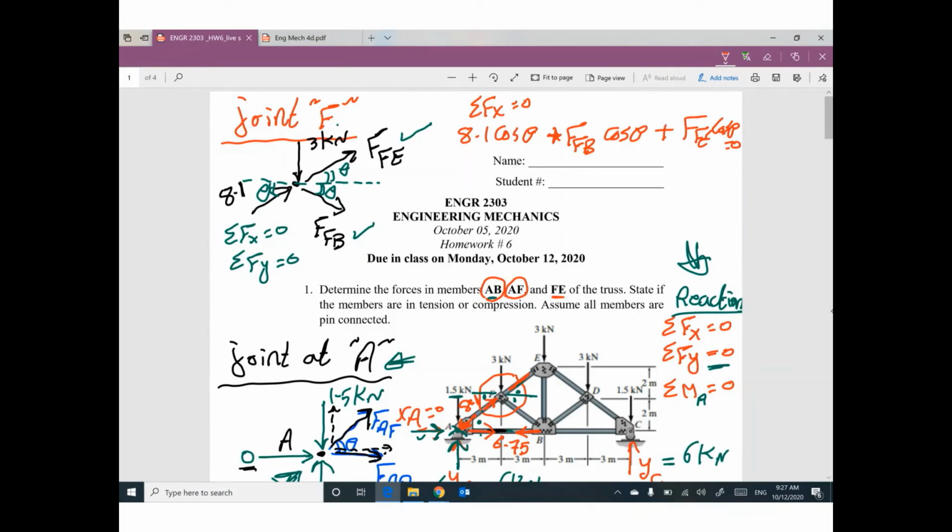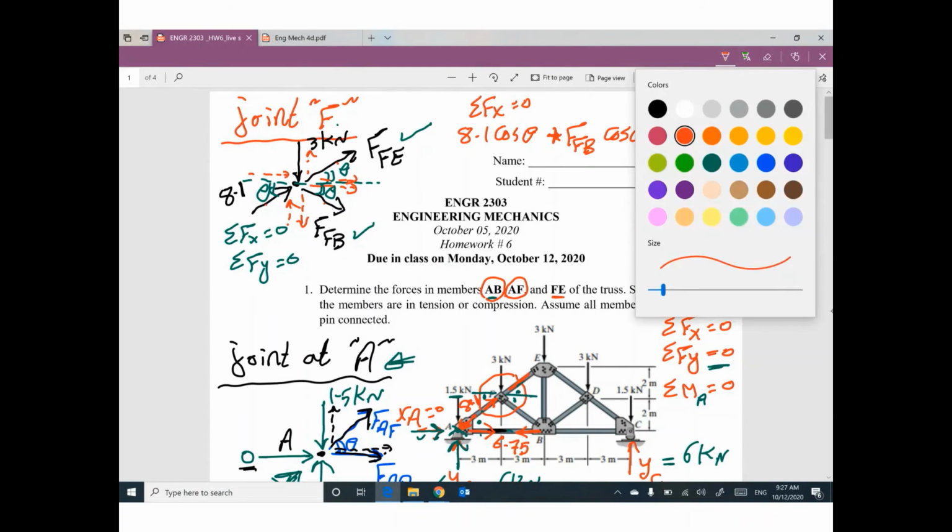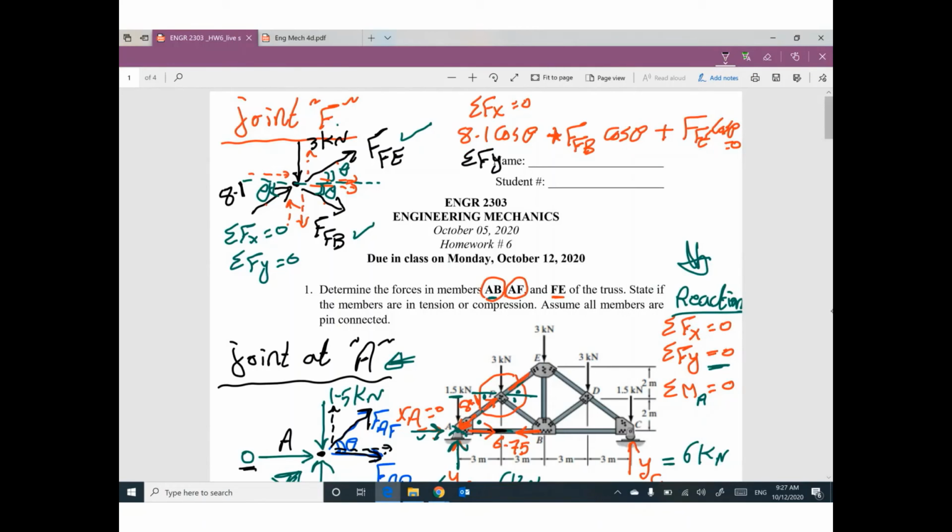This force has two components like this and like this. This force one down and one to right. This force one to right and one to up. Summation Fy equals 0. We have negative 3. We have positive FFE sine theta. We have negative FFB sine theta. We have positive 8.1 sine theta equals 0. Please go ahead and solve two equations in two unknowns. You can get them.